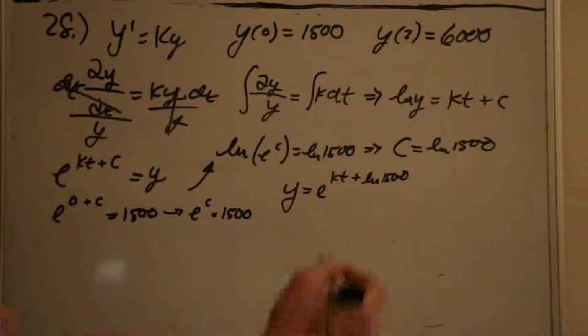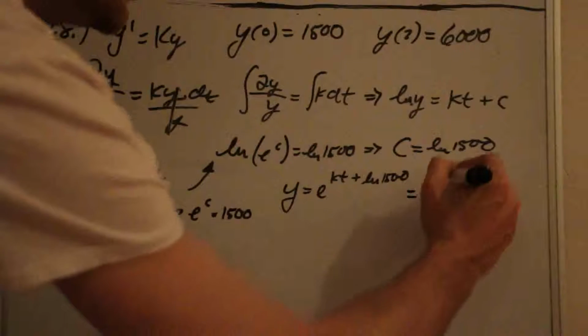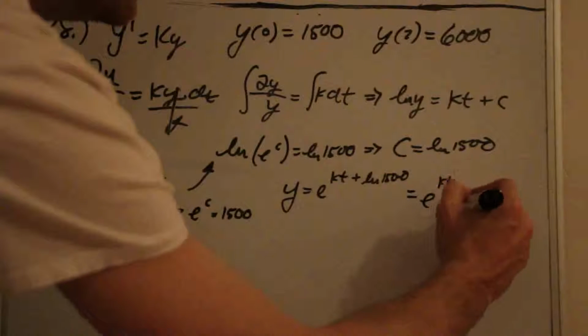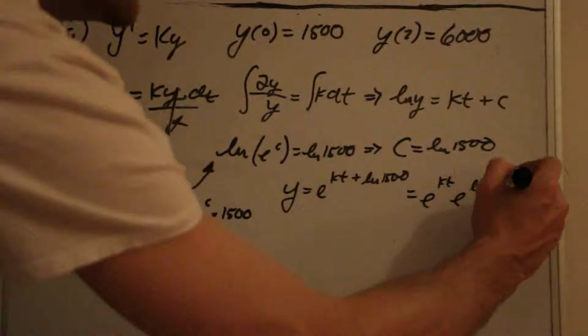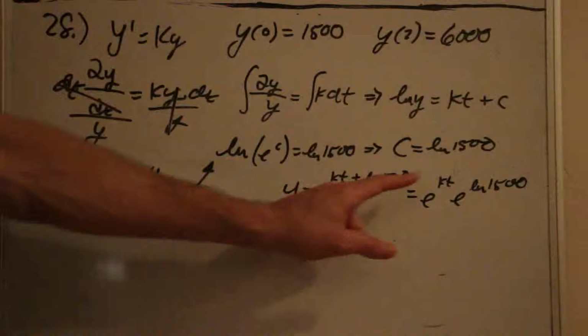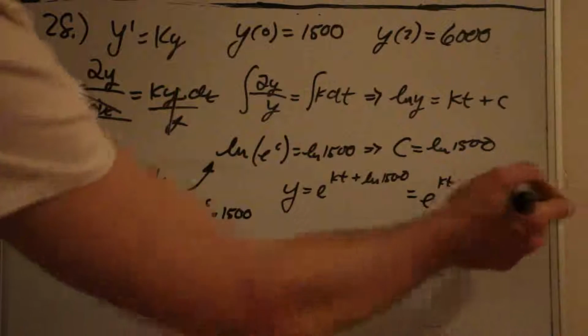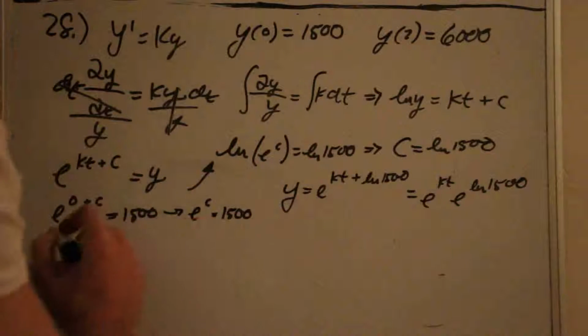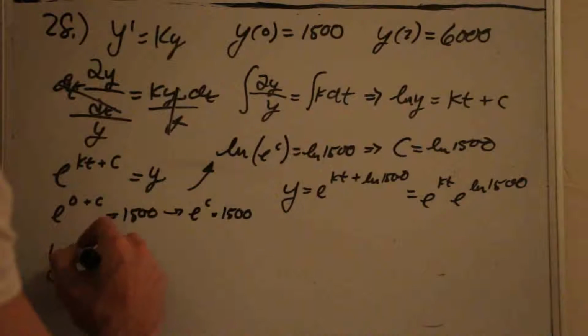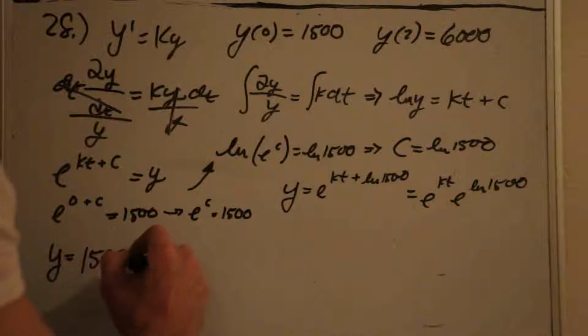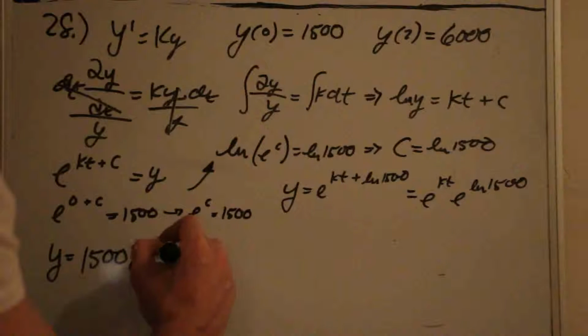Well, I'm going to make my life a little easier and just turn this to e to the kt times e to the ln of 1,500, because I can do that with exponents. And now that I have that, e to the ln of 1,500 is just 1,500. So in other words, y equals 1,500 e to the kt.